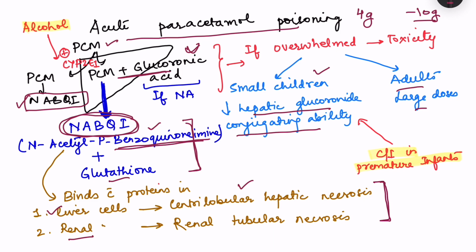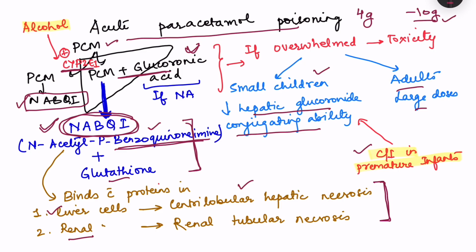So that's why the dose should not exceed 10 grams. It is contraindicated in premature infants because in premature infants there is decreased hepatic glucuronide conjugating ability, and also in people who are taking alcohol regularly, in chronic alcoholics basically, there is induction of the cytochrome P450 enzyme, which leads to increased production of this toxic metabolite.